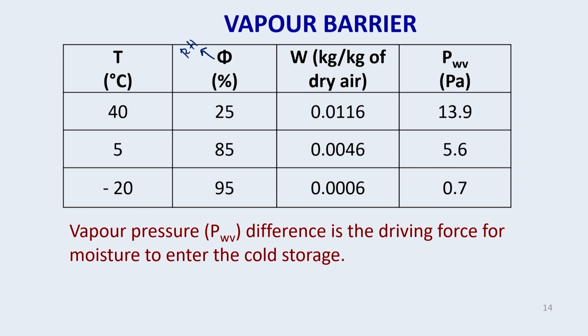Temperature 40, 25% relative humidity. Temperature 5, 85% humidity. Minus 20, 95% humidity. These are all values taken from the psychrometric chart. When the temperature of the air is 40 and relative humidity is 25, the specific humidity, this is called specific humidity.